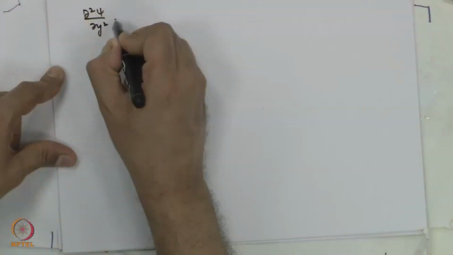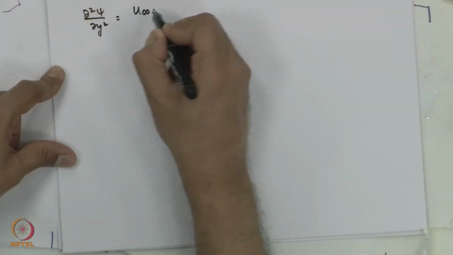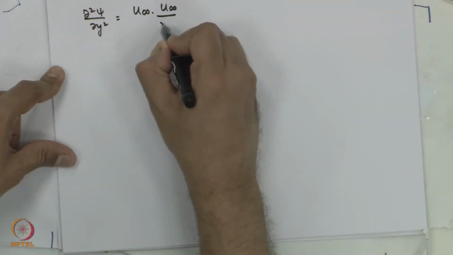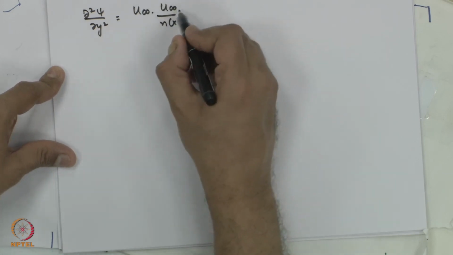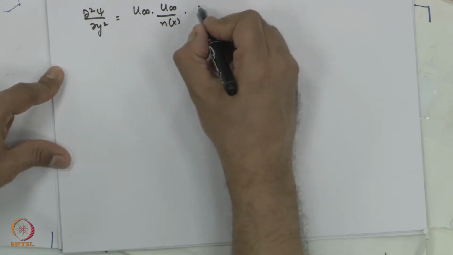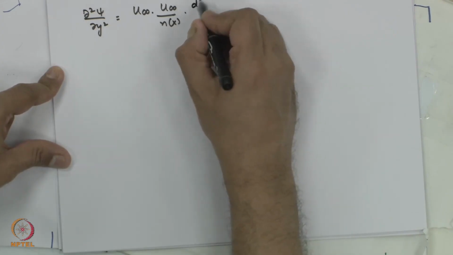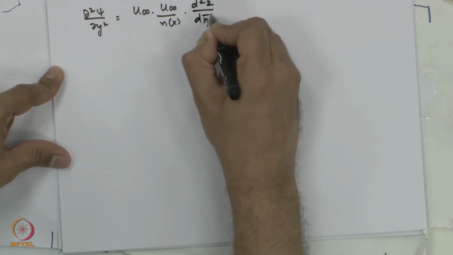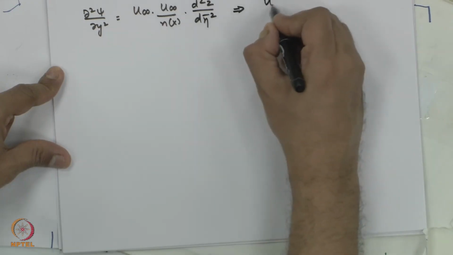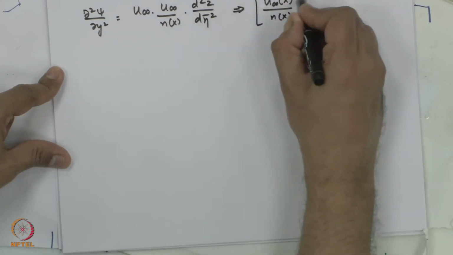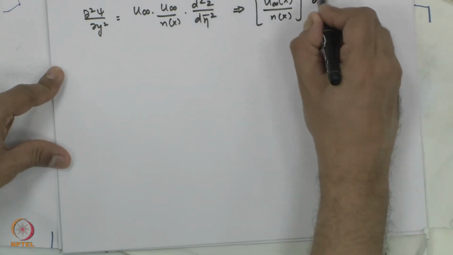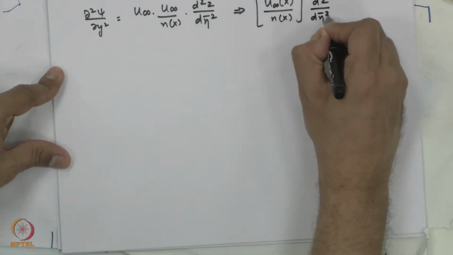Therefore, I can write d squared psi by dy squared is nothing but u infinity by n of x. Note, u infinity is a function of x everywhere. This times d squared z by d eta bar squared, or in other words, u infinity of x by n of x, the whole squared, times d squared z by d eta bar squared.